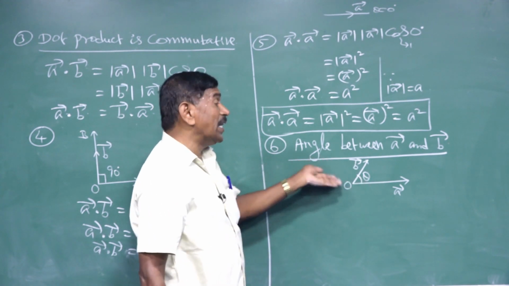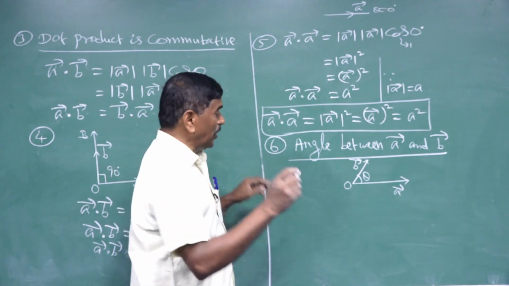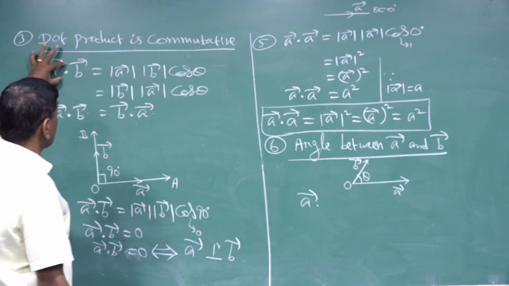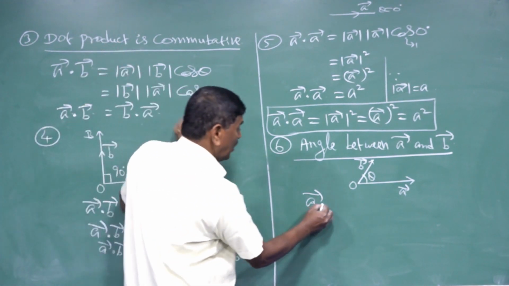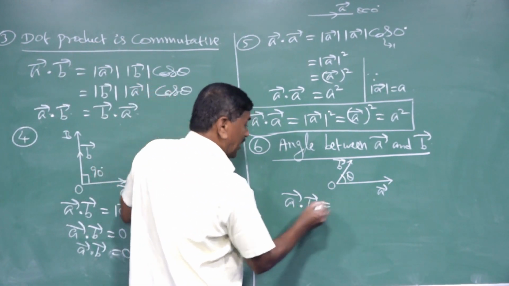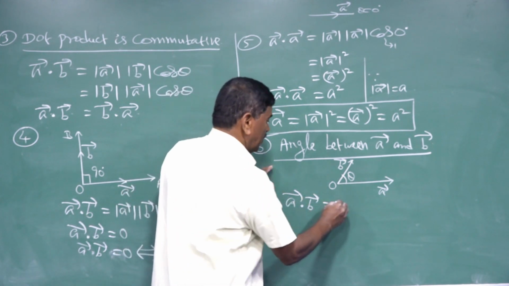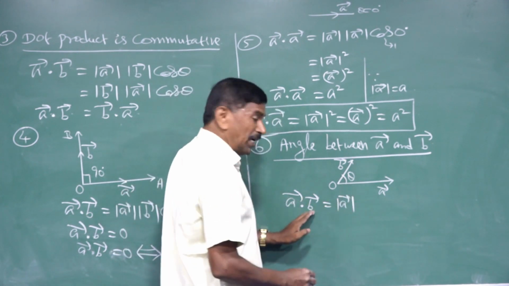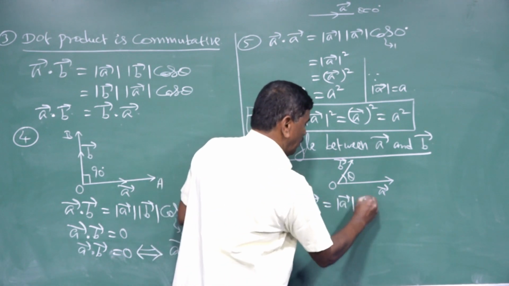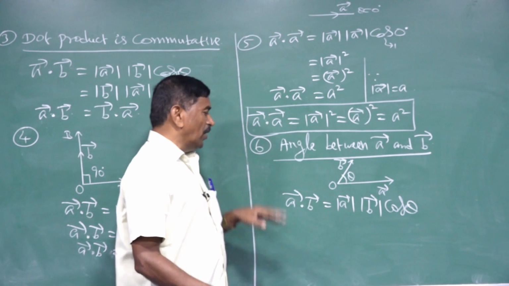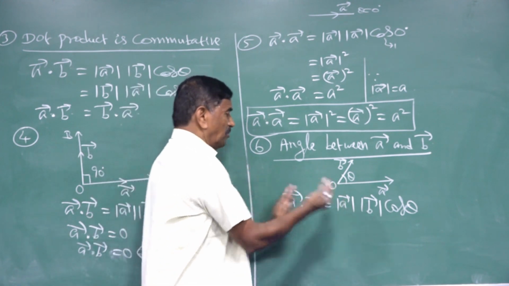Now, can you tell me what is the definition of dot product? Very good. The definition of dot product is given by A vector dot B vector is equal to, first A vector, so modulus A vector, into second B vector, so into modulus B vector, into cos theta. Now for my convenience, reverse it.